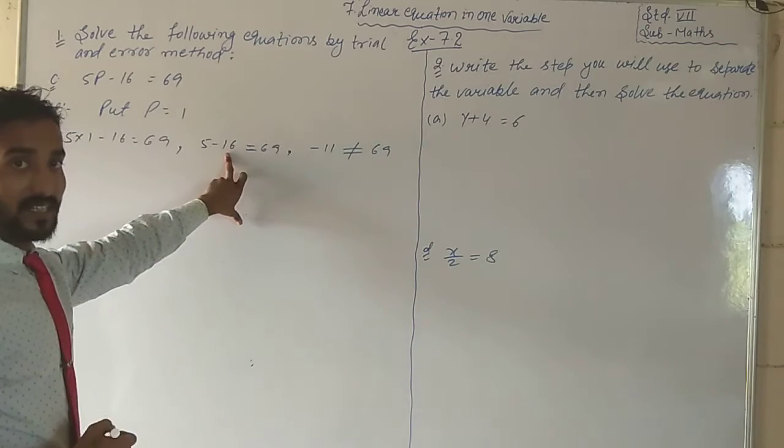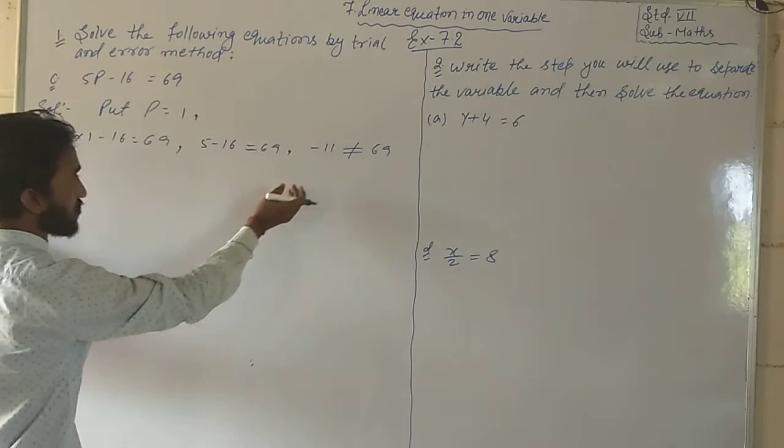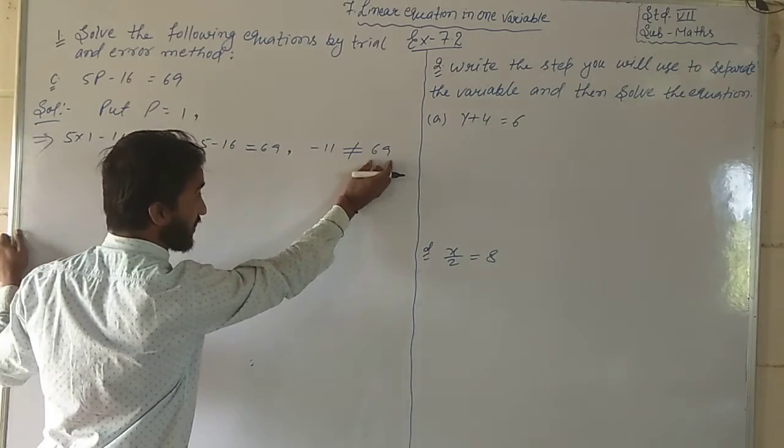Very easily. Now we will put, see students, here is minus 11 and here is 69.